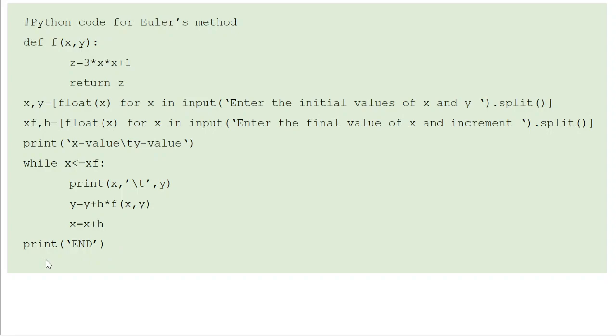So this is a very simple program, and depending on the function at hand, you can modify this part. The remaining part remains pretty much the same. Okay. So when you do this program in computer, you can choose a very small value for h. For example, you can choose something like 0.0001. Okay. So in that way, you can improve the accuracy.